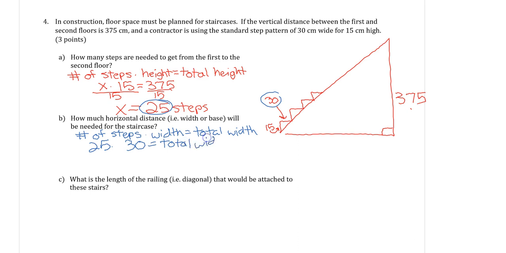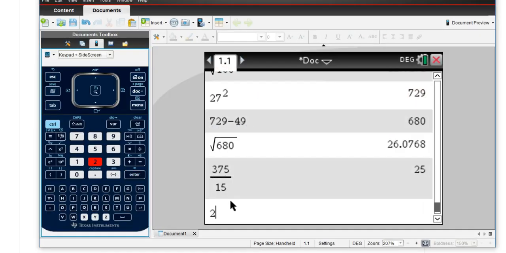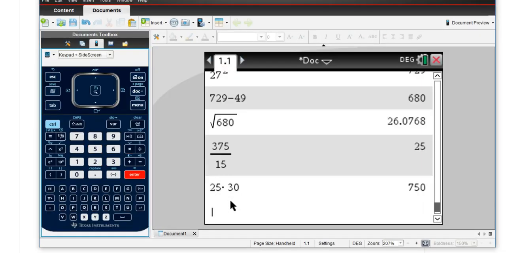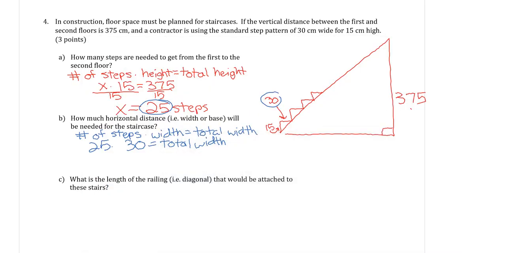Will equal my total width. And 25 times 30 equals 750. So 750 centimeters equals the total width.